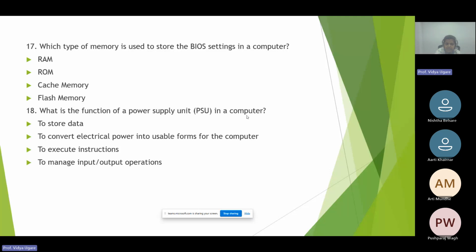The power supply unit does that, which is also called SMPS, switch mode power supply. Then the computer supplies this power to every device, the motherboard, monitor, keyboard, mouse. For every device a power is required, which will be given by this PSU.